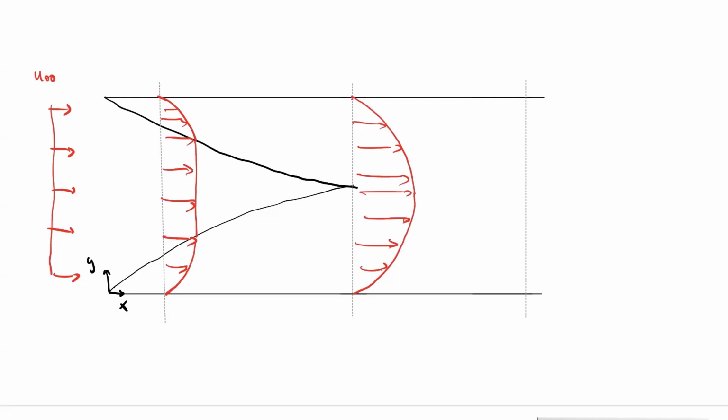Do we continue to see a change in the velocity profile? No. It's going to look exactly the same out here, exactly the same as when it's fully developed. There's nothing changing about the shear stress or the velocity gradient. It remains constant.